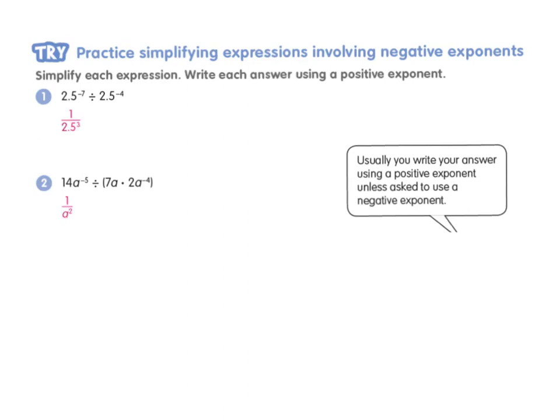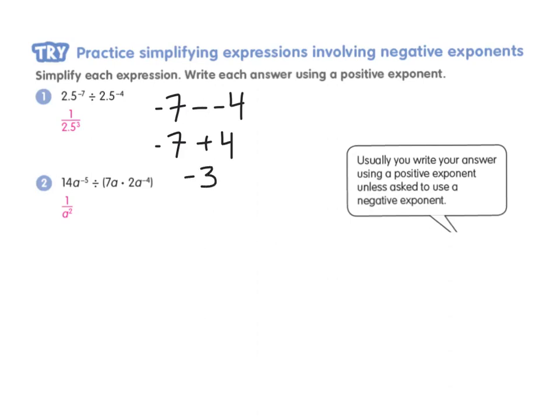All right, here's the answers. Let's talk about how we can get these 2 answers here. For the first one, I'm noticing that I'm dividing, and so my rule says that if I'm dividing using exponents, I should subtract them. So I'm doing negative 7 minus negative 4. Remember, anytime you have a double negative, it changes to a positive, so this is going to be negative 7 plus 4, which is equal to negative 3.